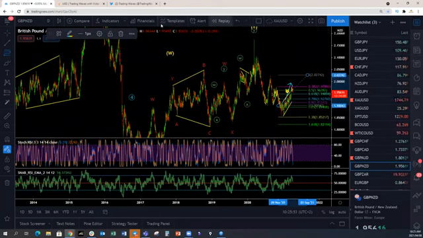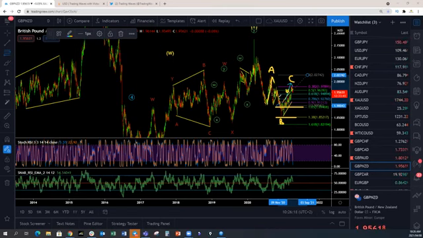Now, if this is a running flat, it's actually a perfect running flat. According to the rules and the guidelines, those that have attended the course will know, between 105 and 138 is where we expect our B, or X, depending on the structure, A, B, and the C. So this complies with the guidelines.